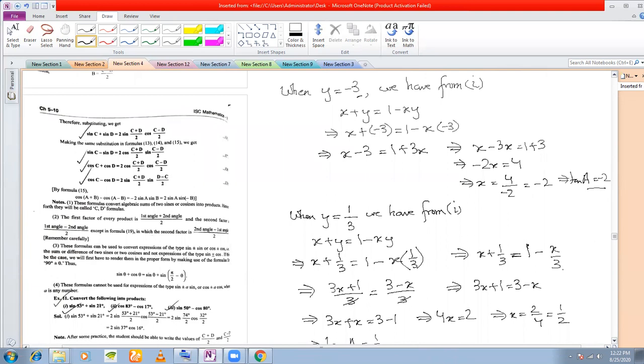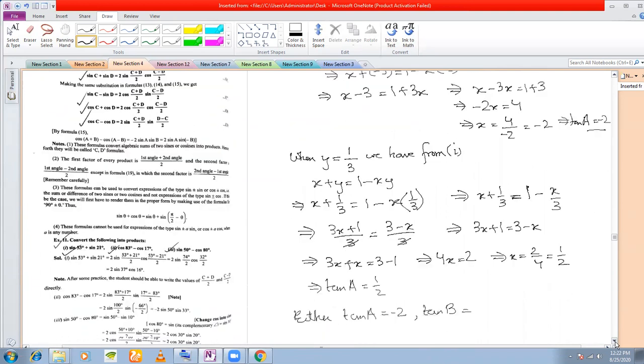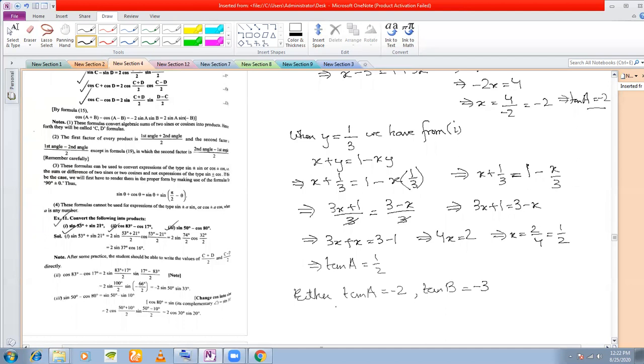Minus 3. Or tan a is equal to half, 1 by 2, and tan b is equal to 1 by 3. Okay, so this is your solution.